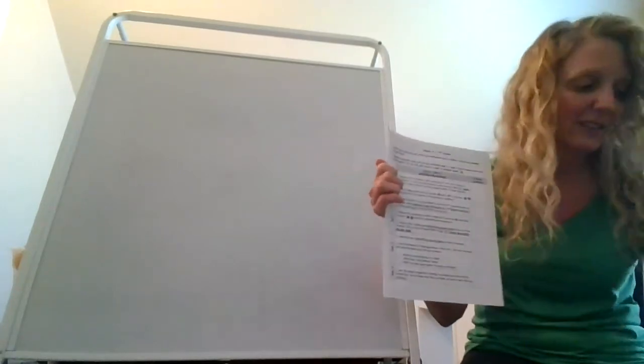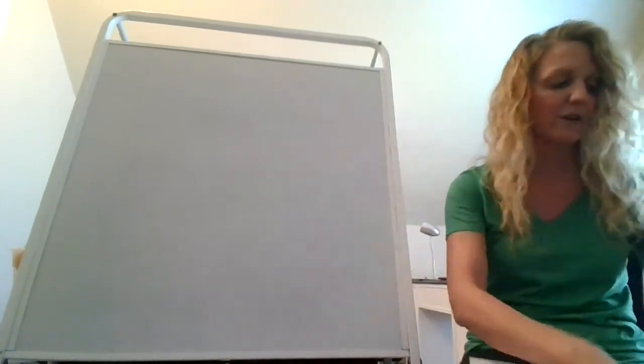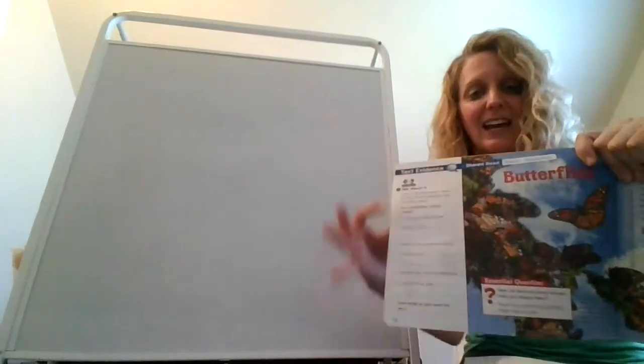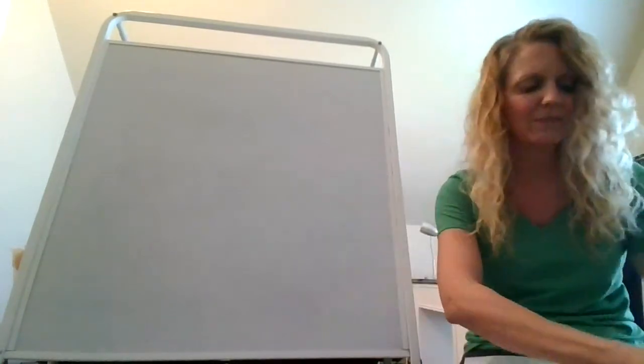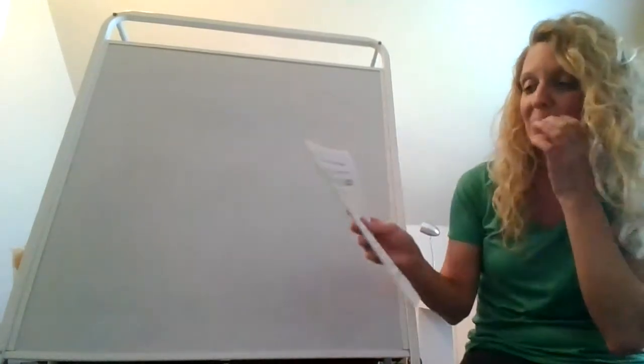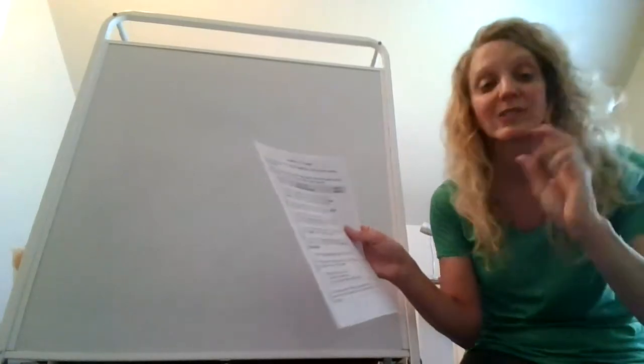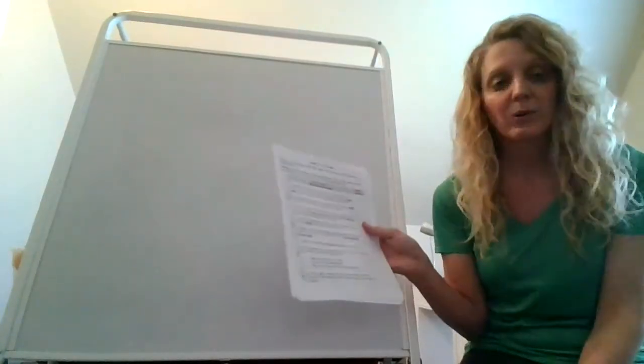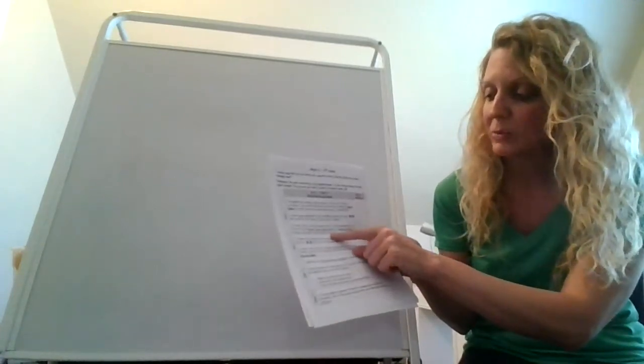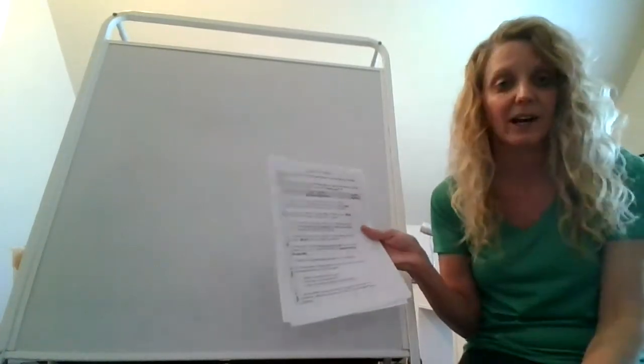You will still look at the first page of our story and answer the questions for number 1. And there is a YouTube video for you to watch. There's actually 2 today. In our story this week, there are 2 kinds of butterflies, the western pygmy blue butterfly and the monarch butterfly.